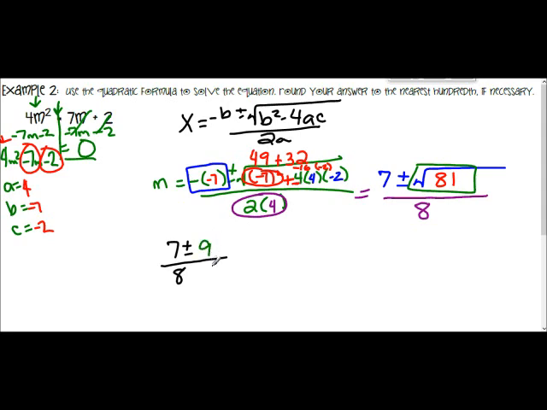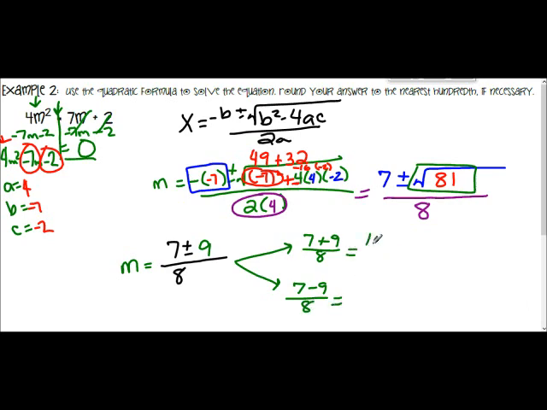Okay, not square root of 9, just 9. And so remember, we're looking for two different answers, so we need to split that plus or minus. So I'm going to say 7 plus 9 divided by 8. I'm also going to say 7 minus 9 divided by 8.